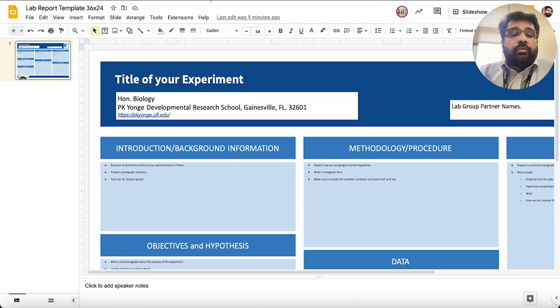If you look at the rubric, you will see that the title should be descriptive. When I say descriptive, it should tell the reader what investigation you are doing.